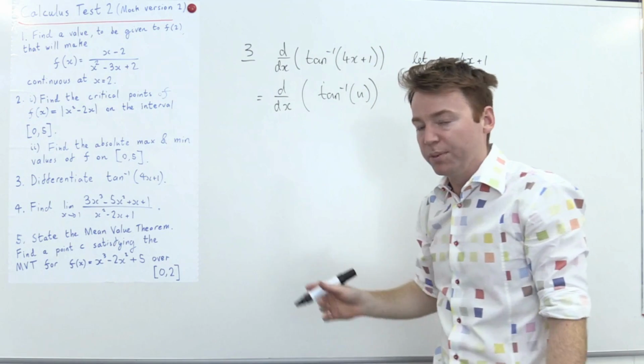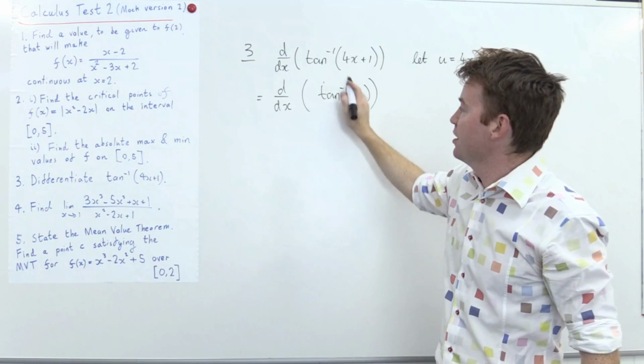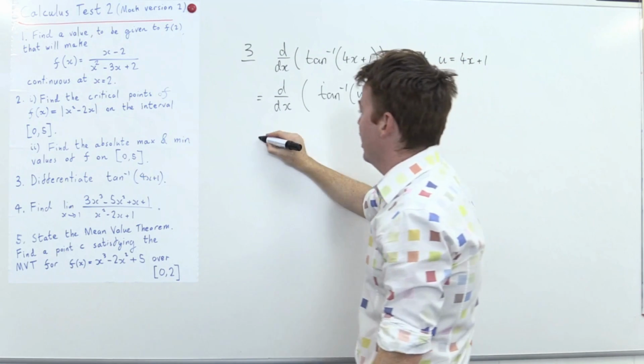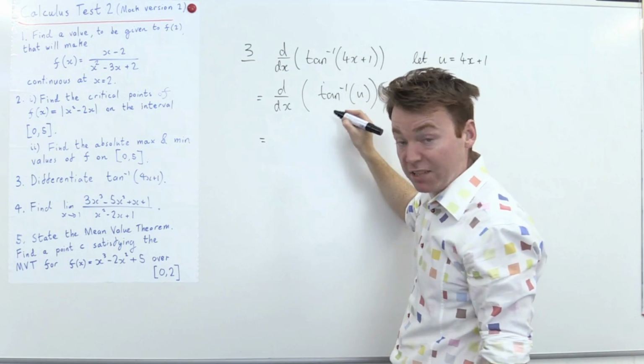Okay, no biggie. I need to take the derivative of this thing with respect to x, but it's a variable in u, so I have to use the chain rule. I have to take the derivative of this, not with respect to x, but with respect to u.